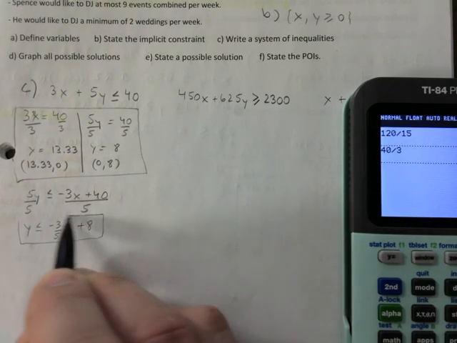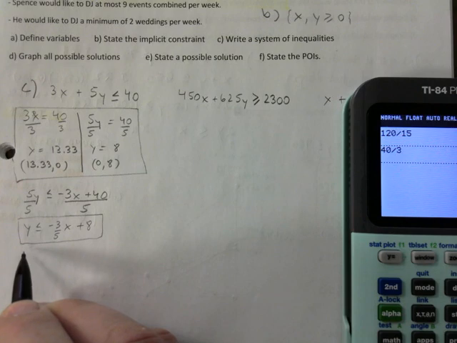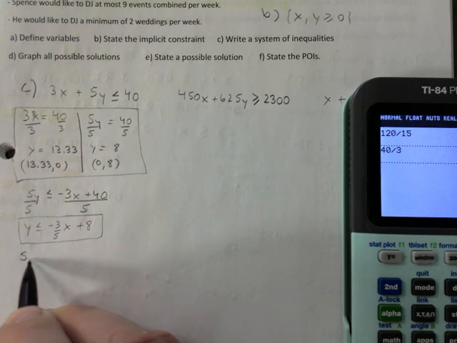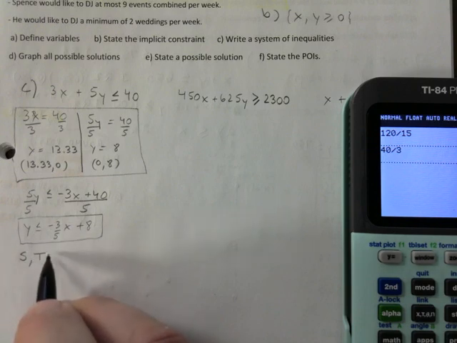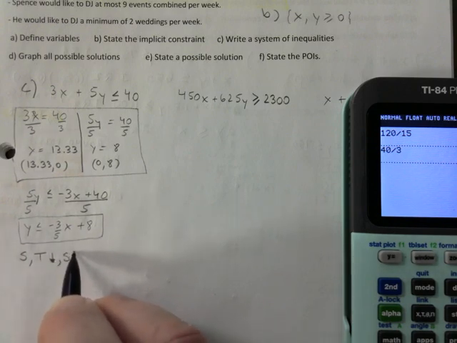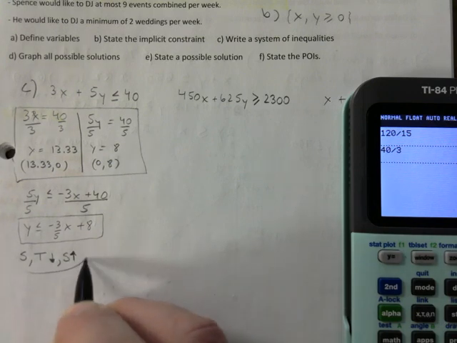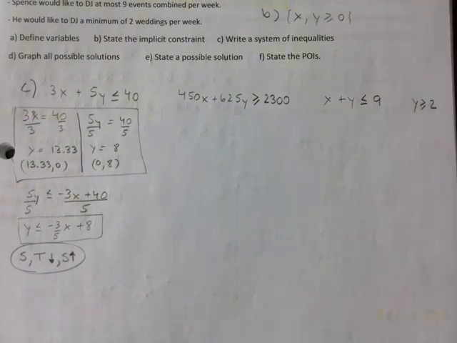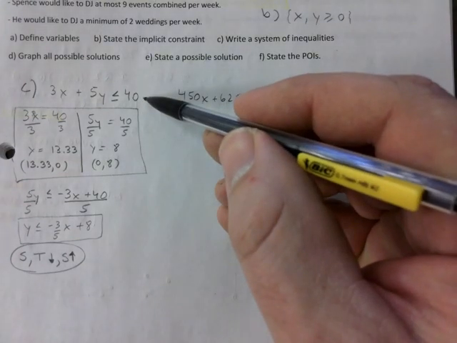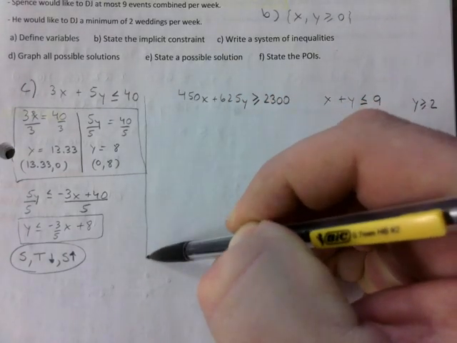Very important. Solid, and the true region is, it's less than, so that would be below. Therefore, I will be shading above. I'm going to circle that. You can keep up with me. I know I'm pushing it a little bit.